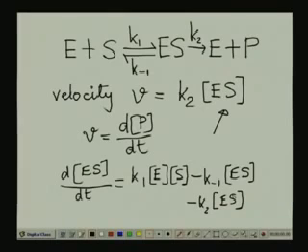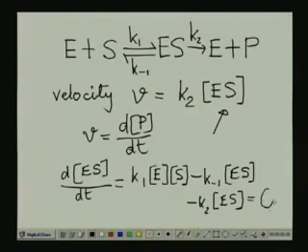So, what do I have? I have an expression that tells me that this d ES dt is going to be K1 E S because it is formed by K1, it is destroyed by K minus 1 and K2. Now, if I am to apply the steady state here, what do I equate this to? I equate this to 0.